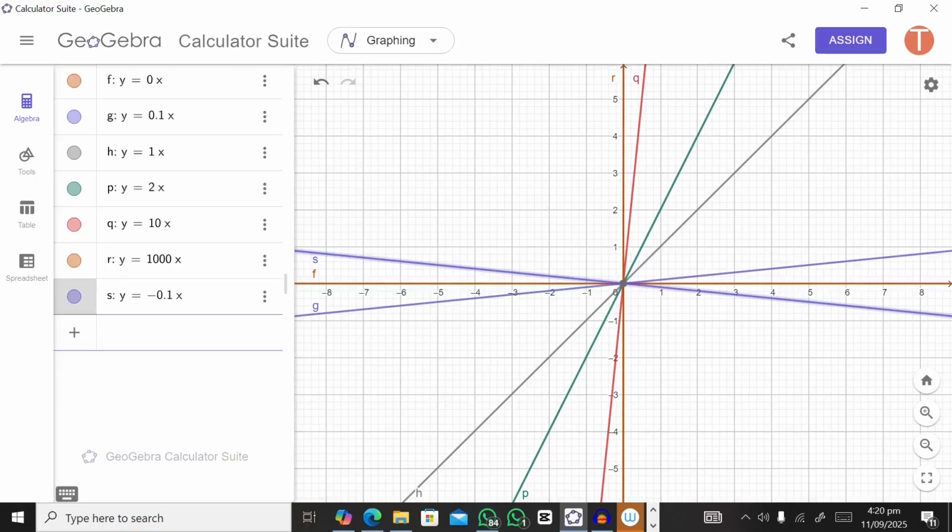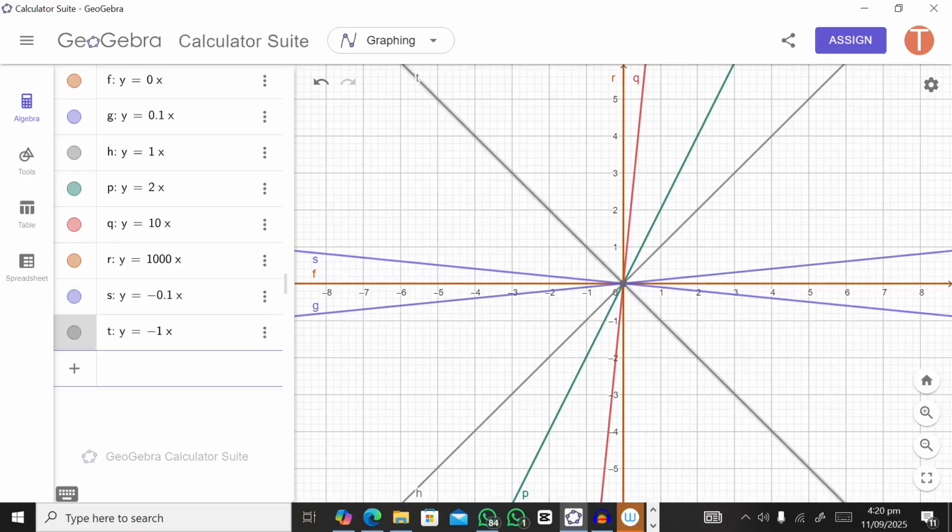Why is it negative? I'm not climbing the ladder, but instead I'm actually going down the ladder. And let me have it also when y is equal to negative 1x. Notice that I'm now going down even more.